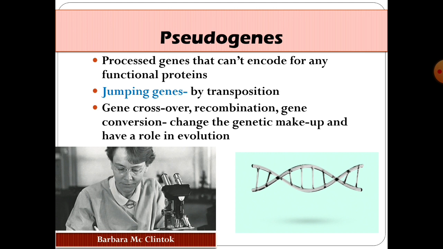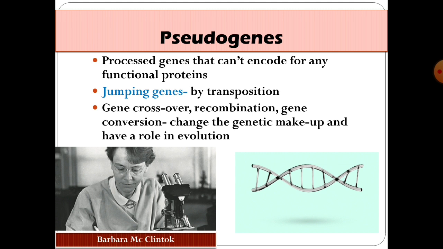Then, as I told you about jumping genes, they were discovered by a lady scientist, Barbara McClintock, who gave the concept of jumping genes. This was a breakthrough and she also got the Nobel Prize for that. Jumping genes are relevant, as we have just seen, in neurofibromatosis and many other conditions also.